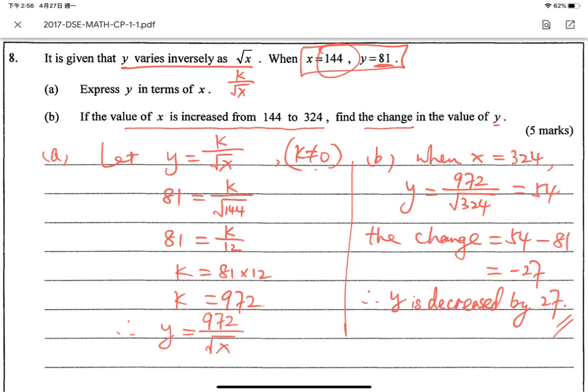This is the end for this topic 10, variation. So in this 6th example, we mentioned 2 types of variation. For example 1 to example 5, we were talking about the partial variation. And the second type is the inverse variation. So we have 4 types of variation.